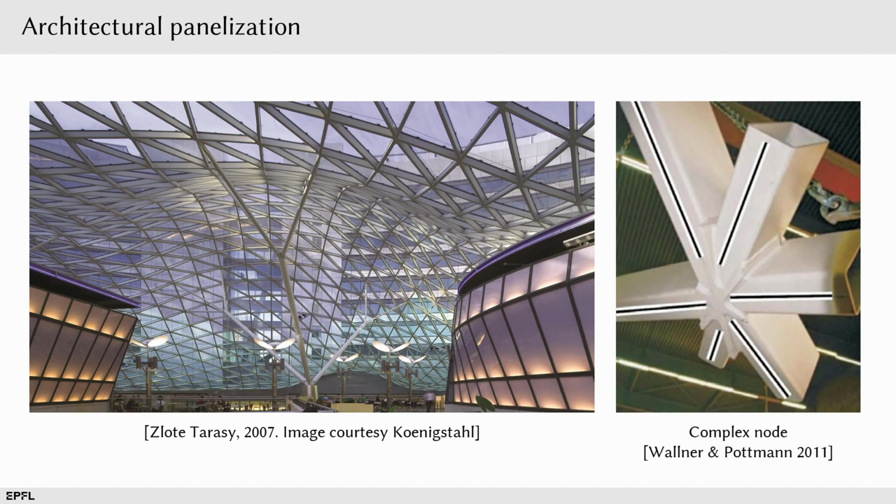The physical realization of such structures requires structural support that is oftentimes done by aligning beams along the edges of this mesh representation. But this aligning of beams is challenging at nodes where multiple edges come together. And this node complexity can significantly increase the manufacturing costs of the project.